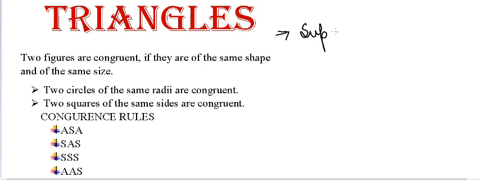because for congruency there is superposition. If you superimpose two objects which are congruent, then they will be completely superimposed on one another. So by superposing them on each other, you can see whether the objects are congruent or not.